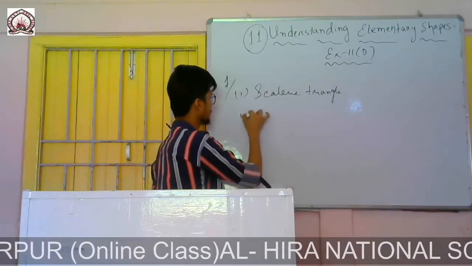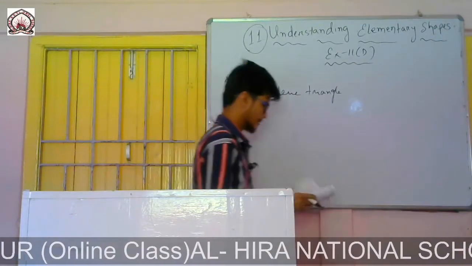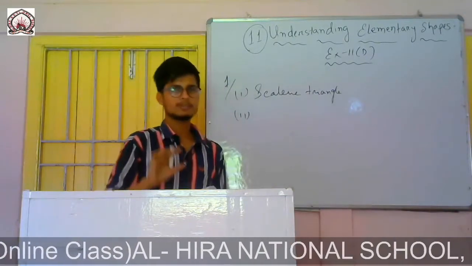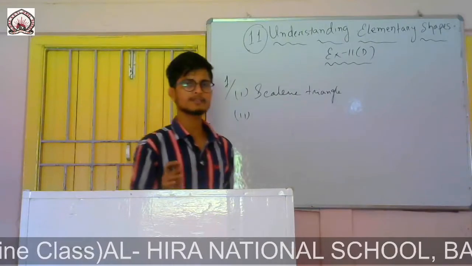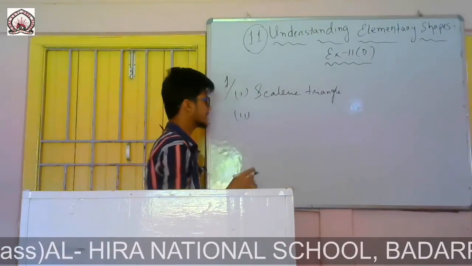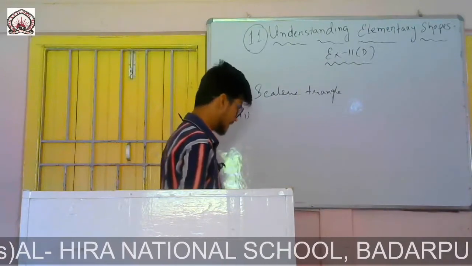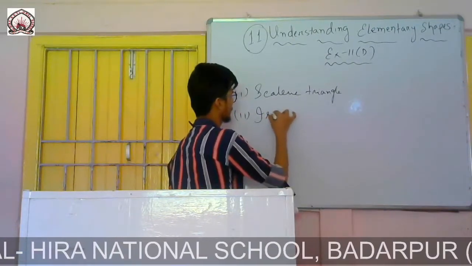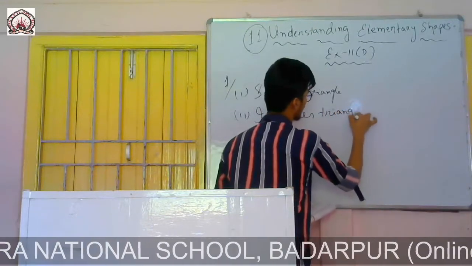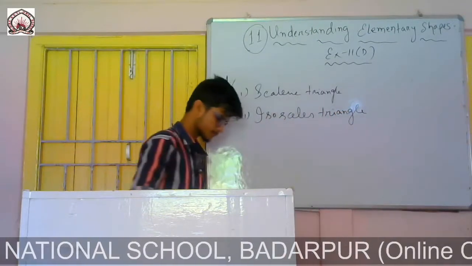Now Roman number 2. In this triangle, two sides are equal, both are 3 centimeter, so it is an isosceles triangle.